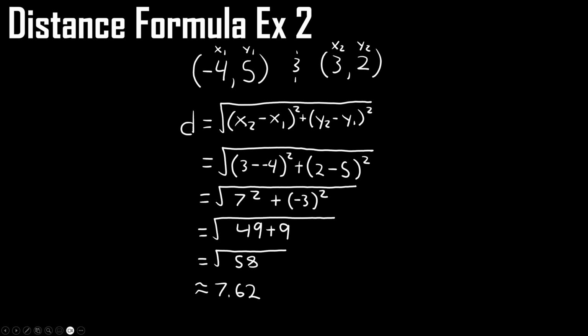So the distance between -4, 5 and 3, 2 is the square root of 58, or 7.62.